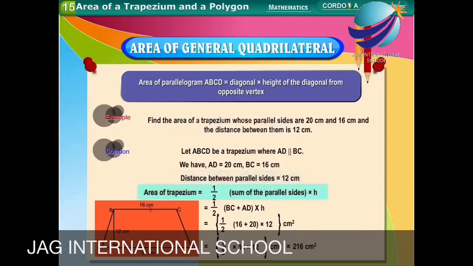Area of trapezium is equal to half sum of the parallel sides into H, which is equal to half BC plus AD into H, which is equal to half 16 plus 20 into 12 centimeters square, which is equal to half into 36 into 12 centimeters square, which is equal to 216 centimeters square.